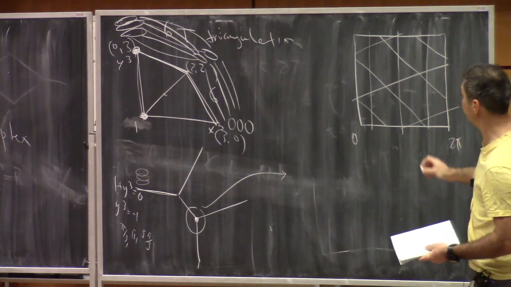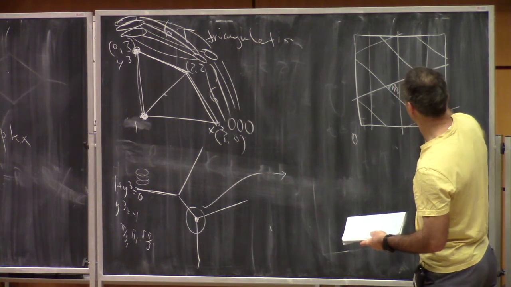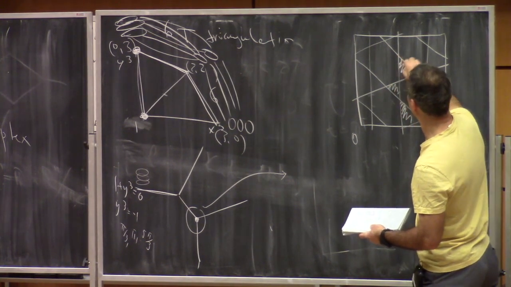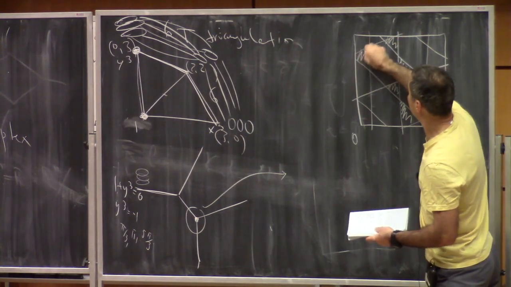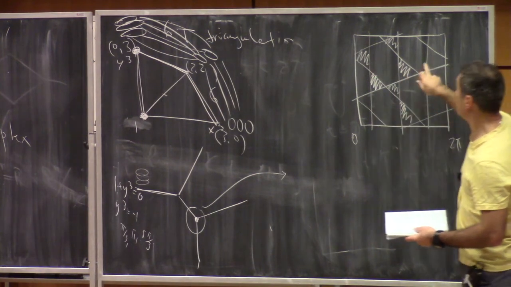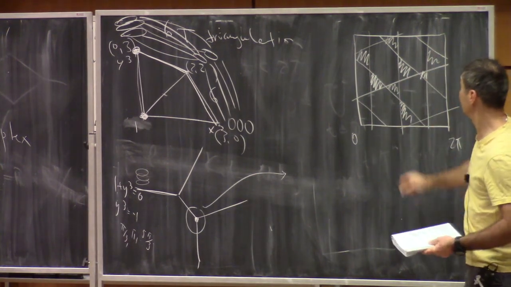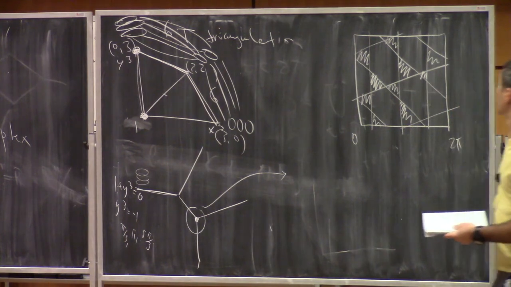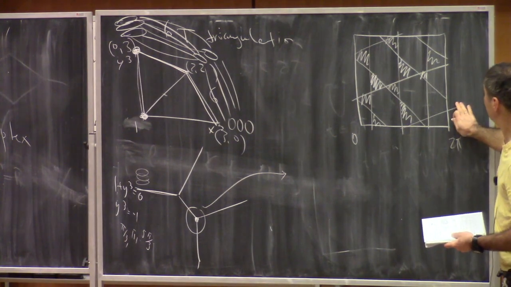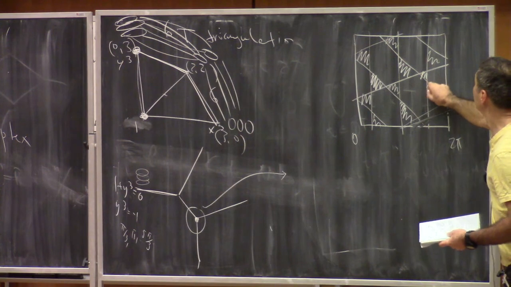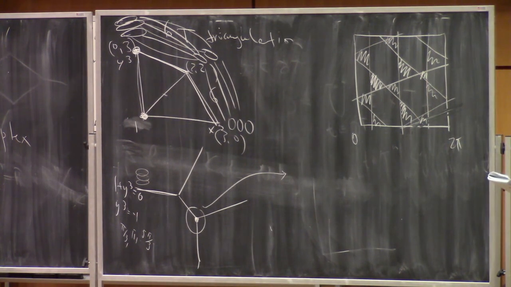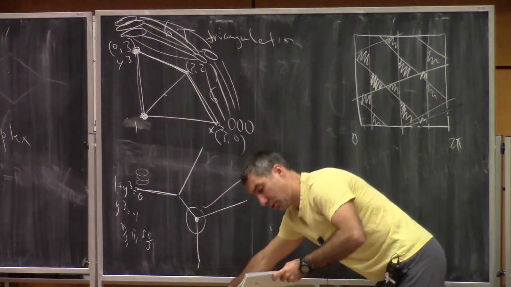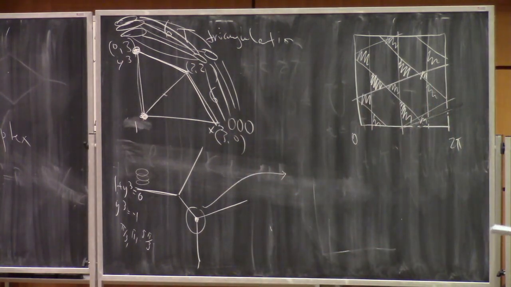So if you look at what actually is in the image, you see this kind of pattern, this triangle. Well, I picture it better up here. So what's shaded is in the image of the argument. So in general, what's the co-amoeba?